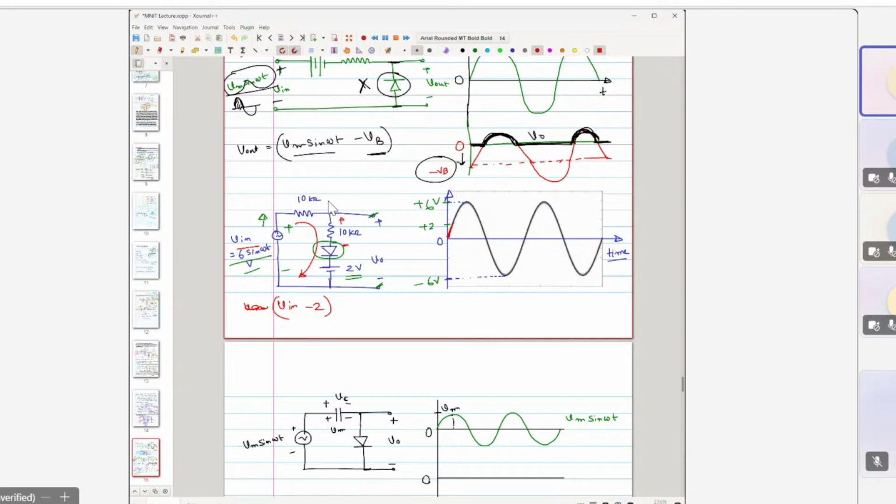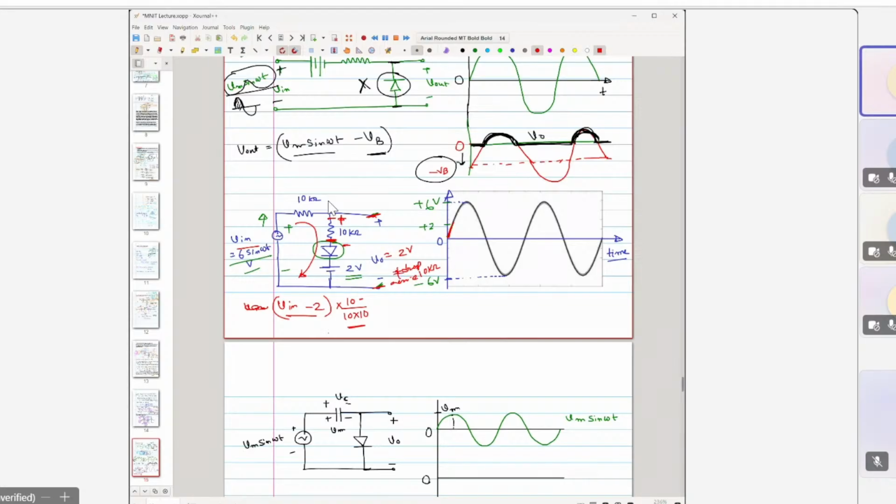So this is the voltage flowing through two resistors, 10K and 10K. But we have to only consider the drop across this 10K resistance. So the drop would be 10K by 10K, that is half. This is the drop across this, but we have to find the drop across this. So V naught is equal to 2 volt plus the drop across this 10K.